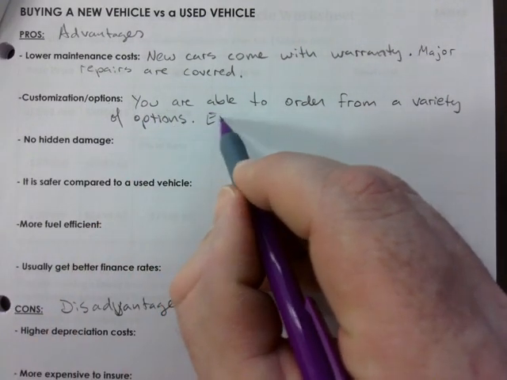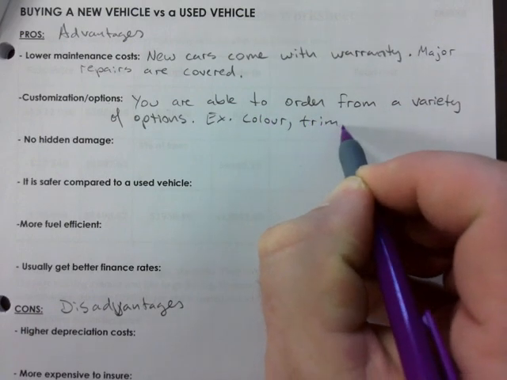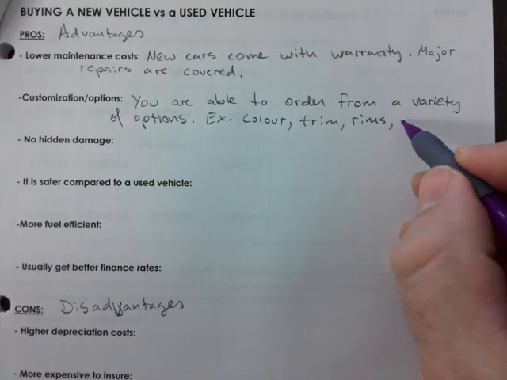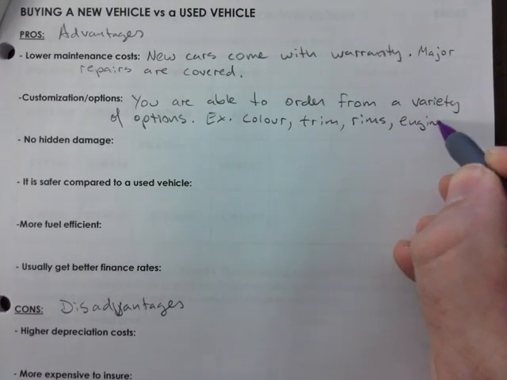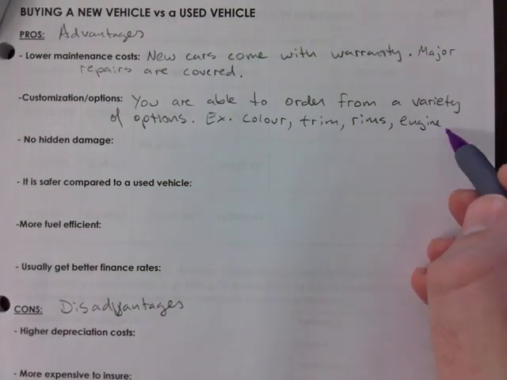For example, the color, the trim, the rims, the engine. Sometimes you want a bigger engine, or sometimes you want a hybrid, or whatever. That all can be customized.